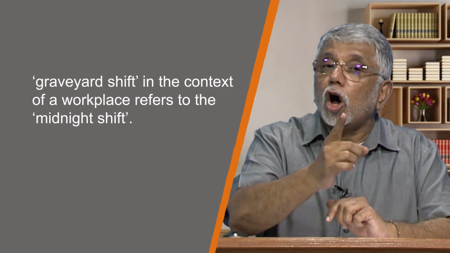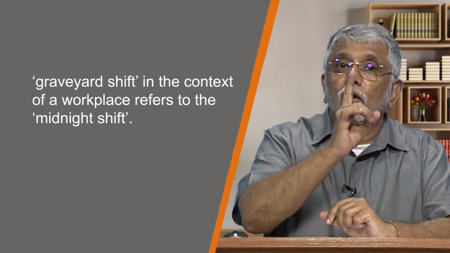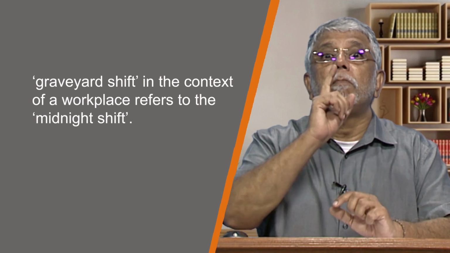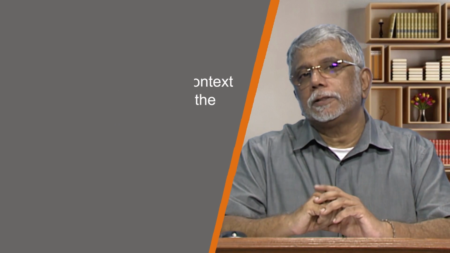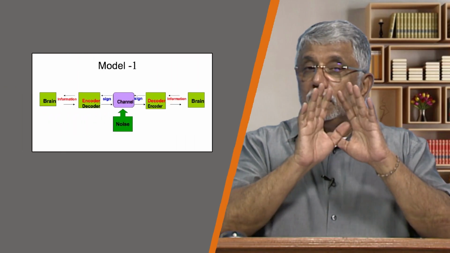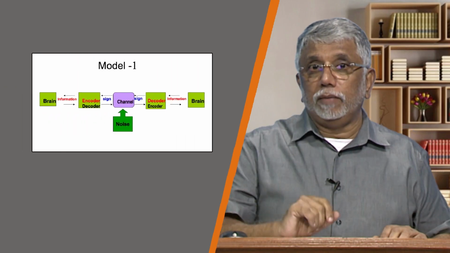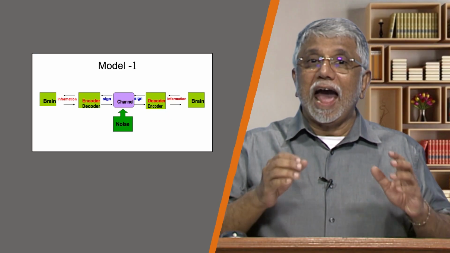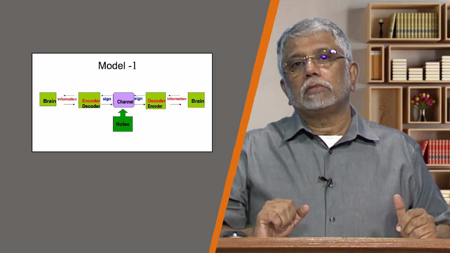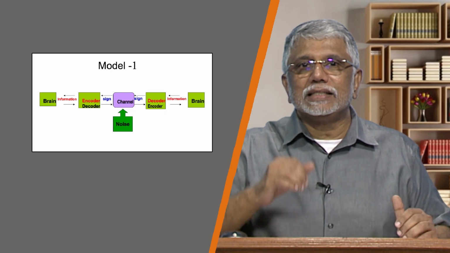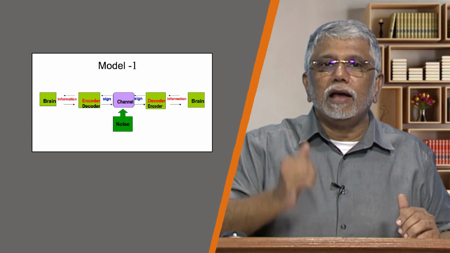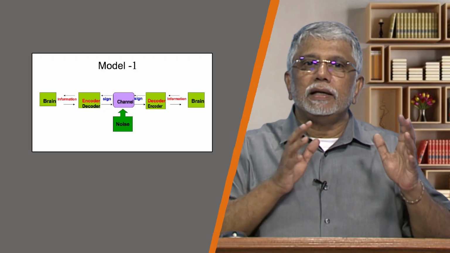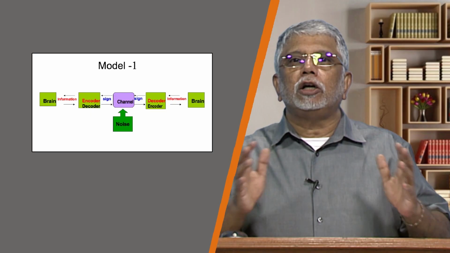It was not an encoding-decoding error issue. It was much, much more than that, right? According to this diagram, the one that we are looking at, miscommunication, ambiguity, breakdown, misunderstandings can happen only if there is a serious problem in either encoding or decoding.